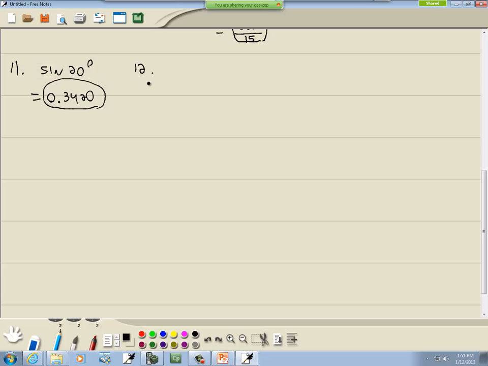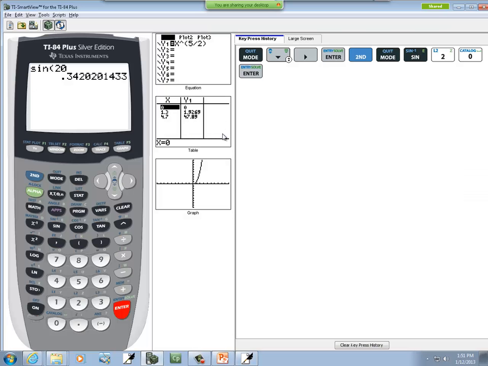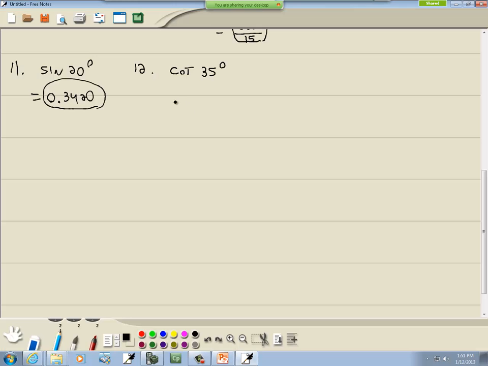Number 12 is cotangent of 35 degrees. Now on our calculator, we're already in degrees, so we don't need to set that again. But if I look at my buttons here, nowhere do I see a cotangent. But remember, the cotangent and tangent are reciprocals of each other, which means I can rewrite this as 1 over tangent 35 degrees.